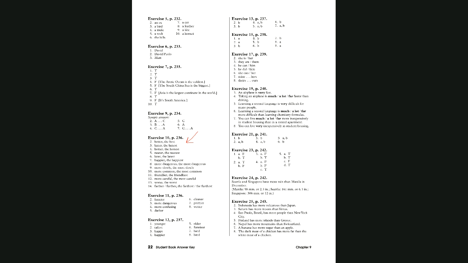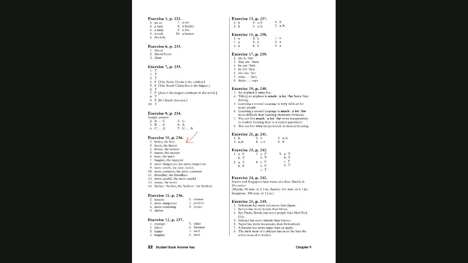Okay, number 9. The answer is more slowly, the most slowly. Why? Because we cannot use er on slowly. We don't say slowlier. This is an adverb, and it ends with ly.